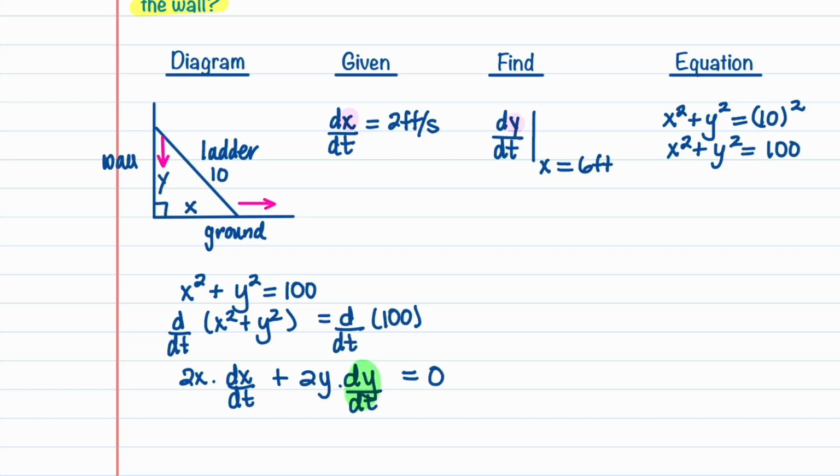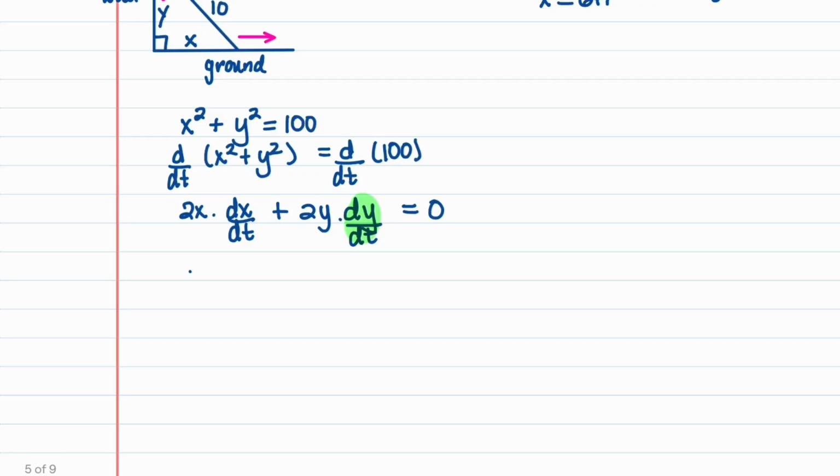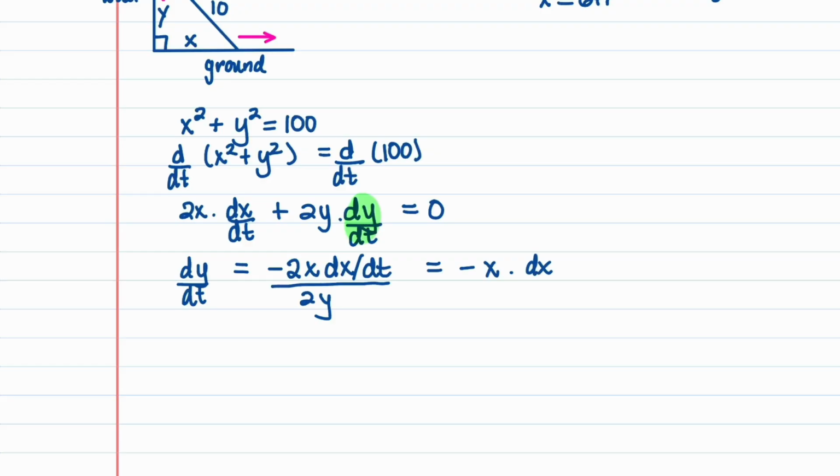We want to find dy/dt, so let's solve for that. dy/dt is going to be minus 2x dx/dt, all divided by 2y. So this is minus x times dx/dt, all divided by y.